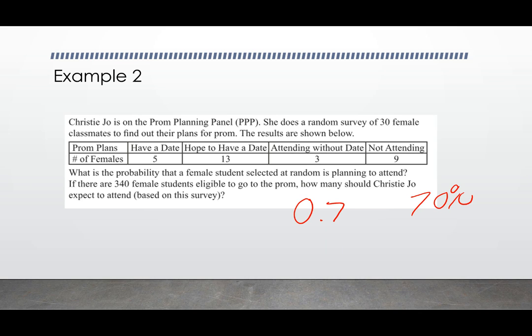But now, there's 340 female students, right? If 70%, probability 0.7, plan to attend the prom, how many should we expect to actually go? So remember, to answer this question, we're going to take our probability, we're going to multiply it by our population. So that's going to be 0.7 times the population, which is 340, and we'll get an estimated value.